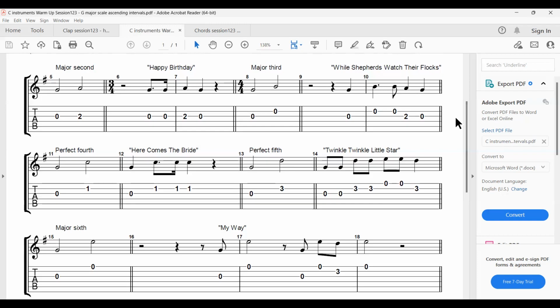Happy Birthday. It's in 3/4. So I'm going to go 1, 2, dun dun dun dun. Yeah, so it's that rising interval that is the major second.